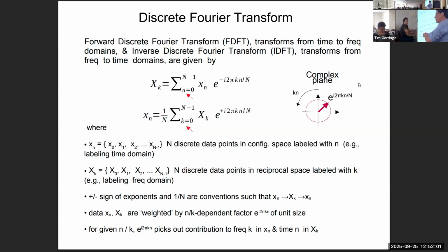And that weighting, when you go from frequency domain to time domain, picks out the different time samples. So it's the particular weighting that does the job of picking out the frequencies that are in the time domain data, or picking out the times that are in the frequency domain data. And that's exactly the weighting that you need.